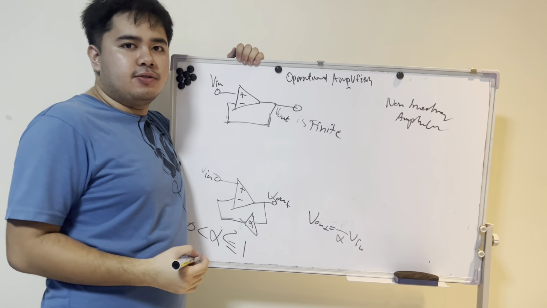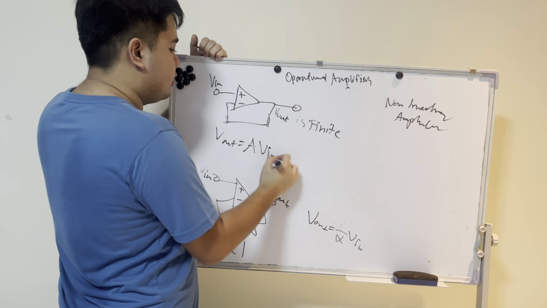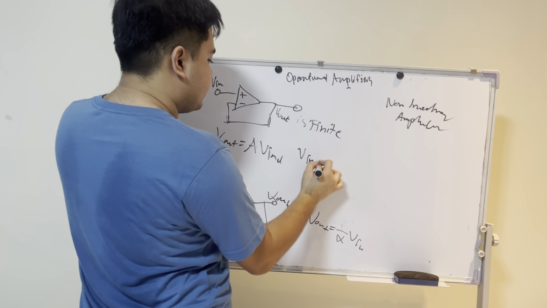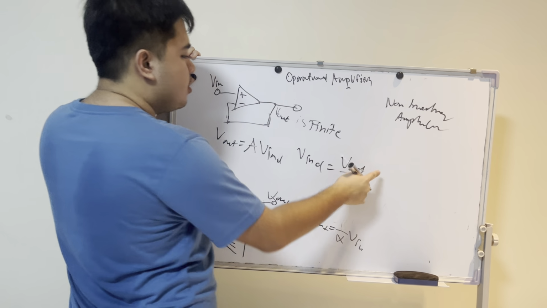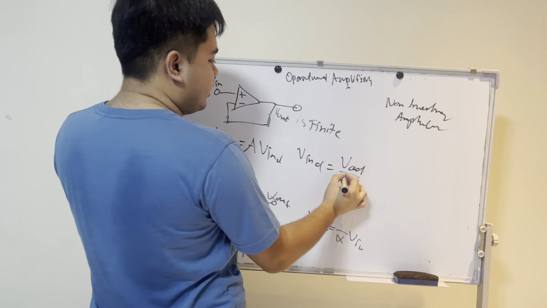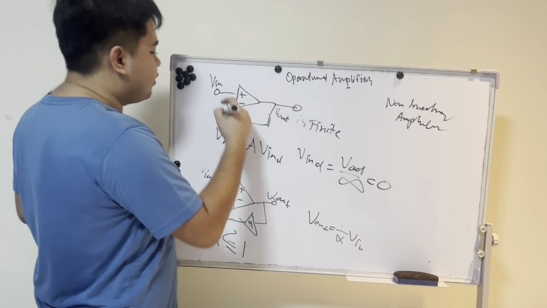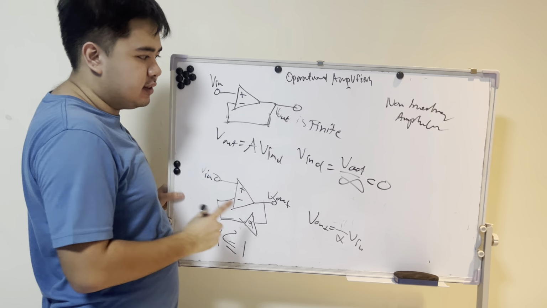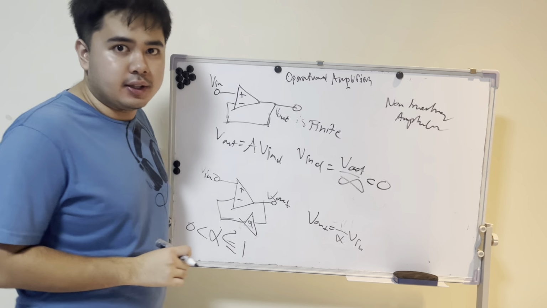Remember the formula for V out earlier. It is A V in. So V in differential equals V out over A. V out is a finite number. Our gain theoretically is infinity. This is 0. So the differential input between the input and the feedback is 0, as a consequence of V out being finite.